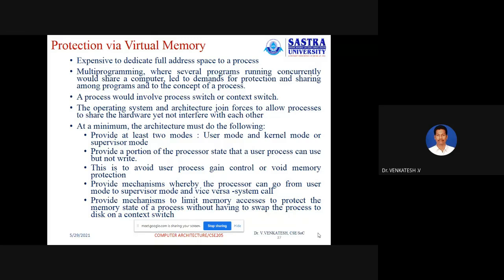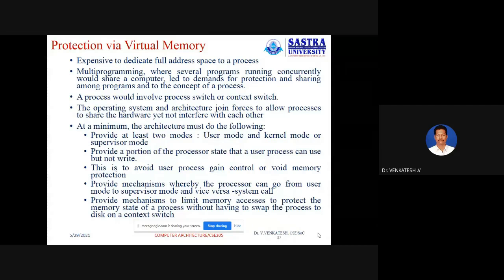Sometimes some process has to, you all know, in a particular application there will be so many processes. At a particular position I have to switch over from user mode to system mode. At that time a system call will be used. The system call saves the current context: whatever the program counter holds, the current address, will be stored in the stack.